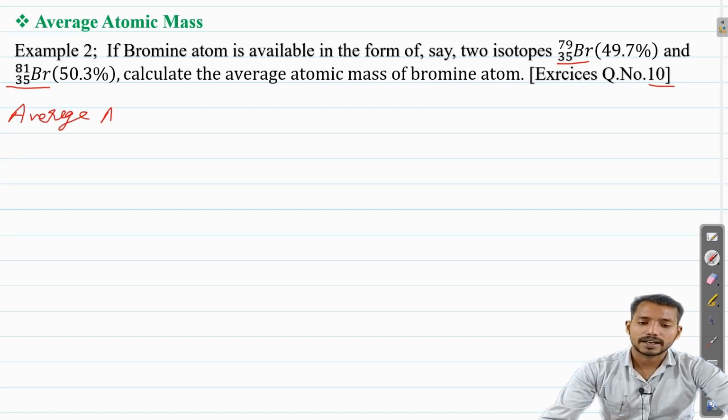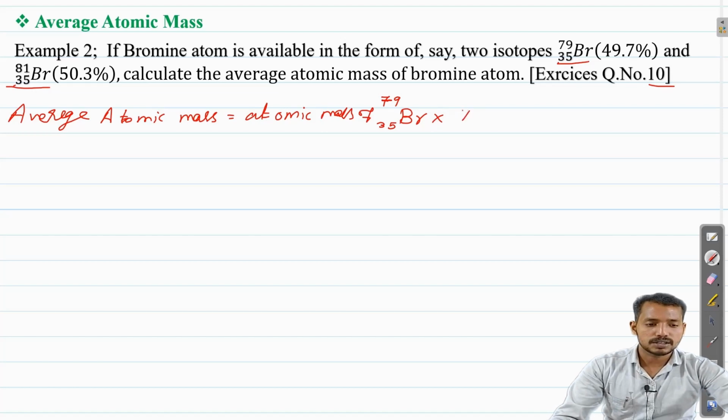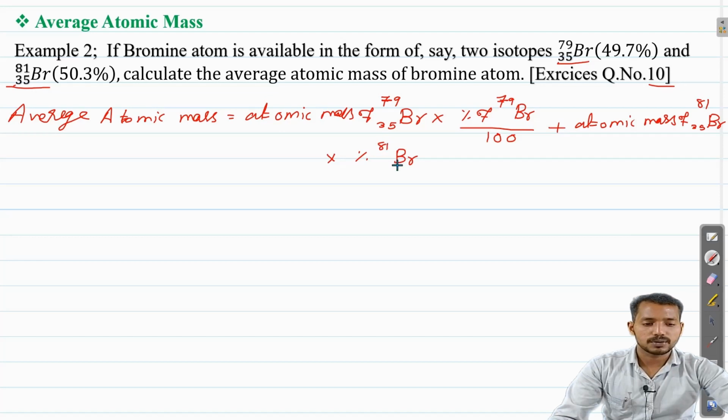Average atomic mass is equal to the atomic mass of bromine 79, the mass number, into the percentage of bromine 79 divided by 100, plus the atomic mass of bromine 81 multiplied by the percentage of bromine 81 divided by 100.